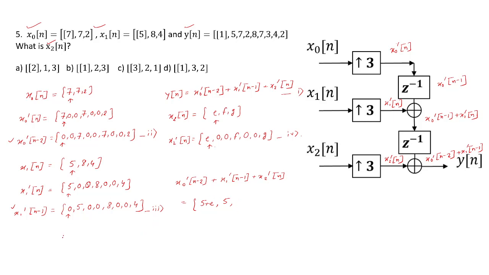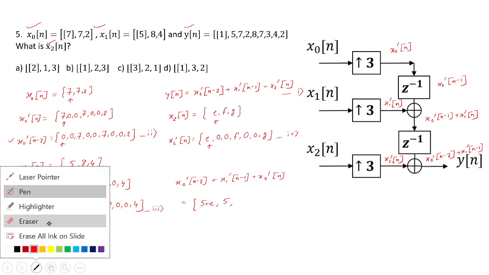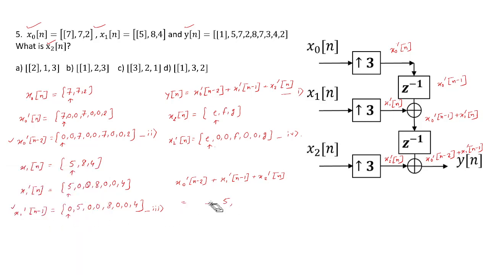Oh, sorry, I was confusing between these two. Let me clarify it again. Okay, so this is contributing E, this is contributing 0, this is contributing 0, so it should be E here.